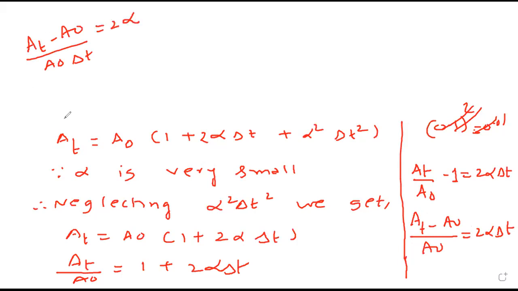What is this quantity called? Beta. Correct. So beta equals 2 alpha. This is the relation between coefficient of linear and superficial expansion. Beta equals 2 alpha.